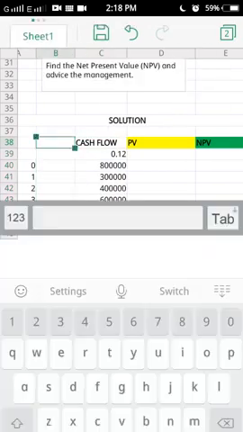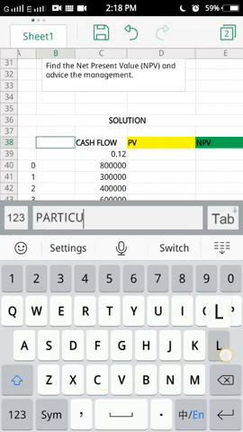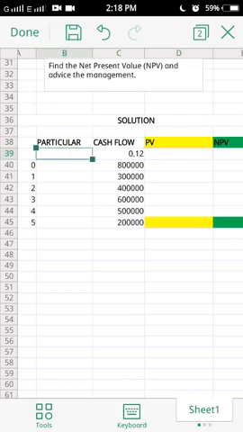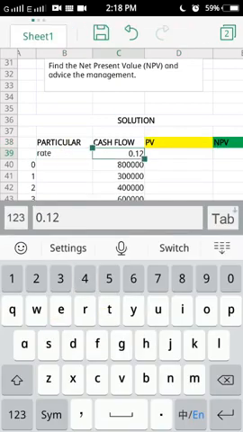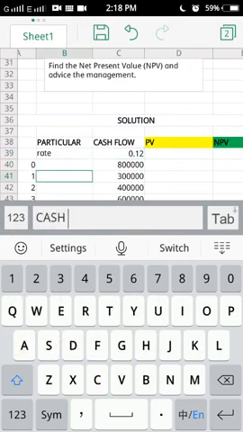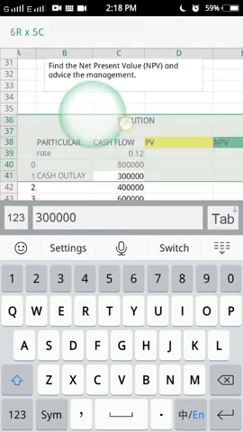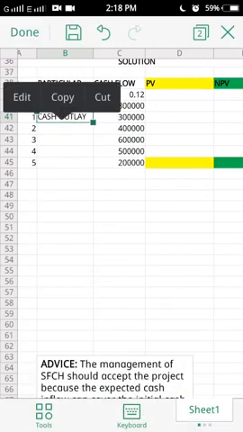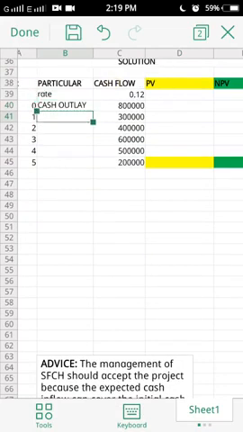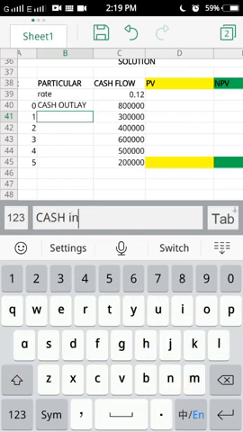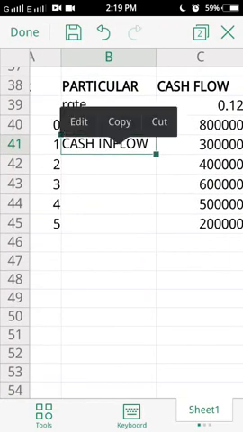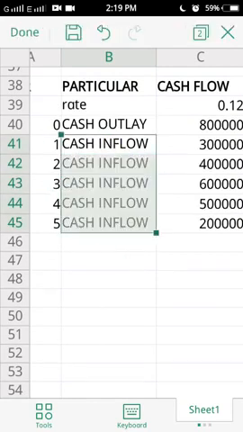So in here I'll just write in the labels. Great. Now here we are.